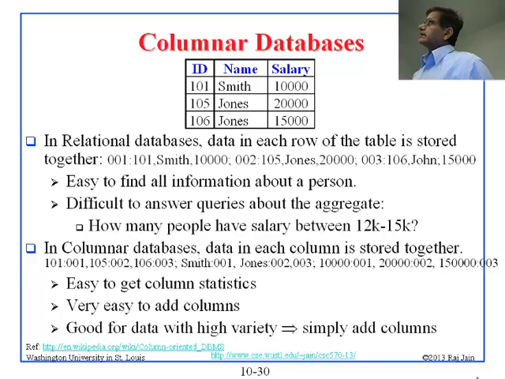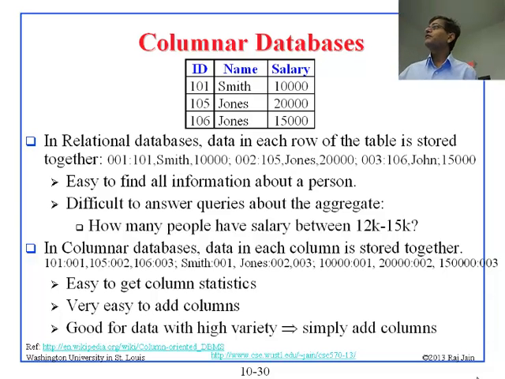Smith is the key, with key value pairs. Now, if somebody asks how many people have a salary between 12K and 15K, all you have to do is not read any of this stuff. You just go straight to this place and read this and find out. You don't have to read the whole database.